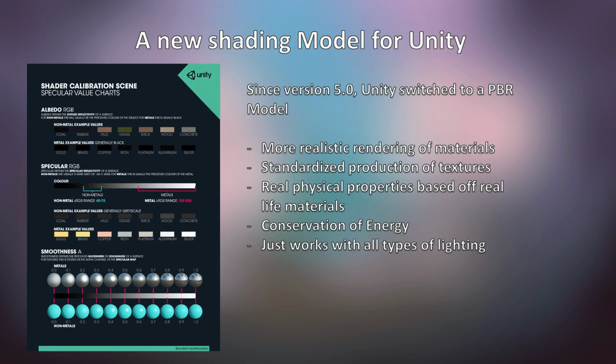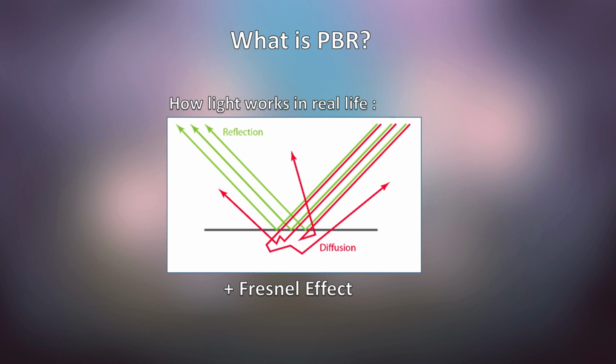This shading model is based on the real physical properties of real-life materials, which means that you can discriminate between metals and insulators. We'll talk about that a bit later. We also talk about the conservation of energy, and we'll see that this works with every type of lighting. So we'll start with PBR.